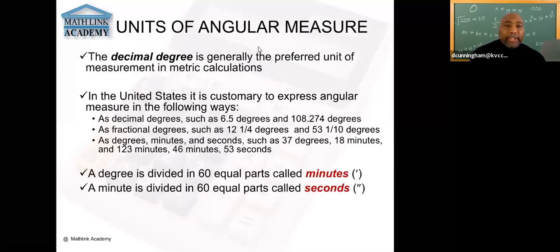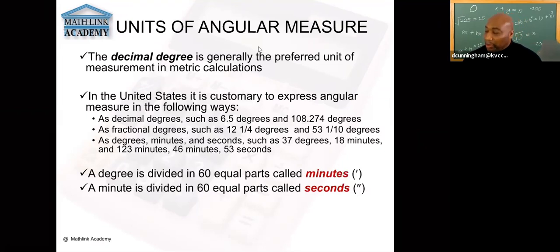So on this slide, we're going to talk about decimal degrees. What do you mean by that? It is generally the preferred unit of measurement in metric calculations. Now, in the United States, it is customarily expressed as an angular measure in the following ways. As a decimal degree, such as 6.5 degrees and 108.274 degrees, we write the degree sign.